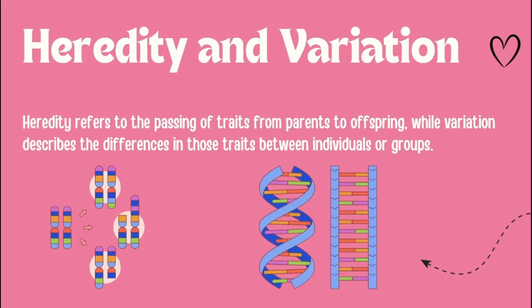It makes them less susceptible to diseases. It overall helps them to live longer because they're different and they're able to adapt to the environment differently, right? So that's the main difference between hereditary and variation. But overall, these two concepts help us understand how traits are passed on from the parents to the offspring.